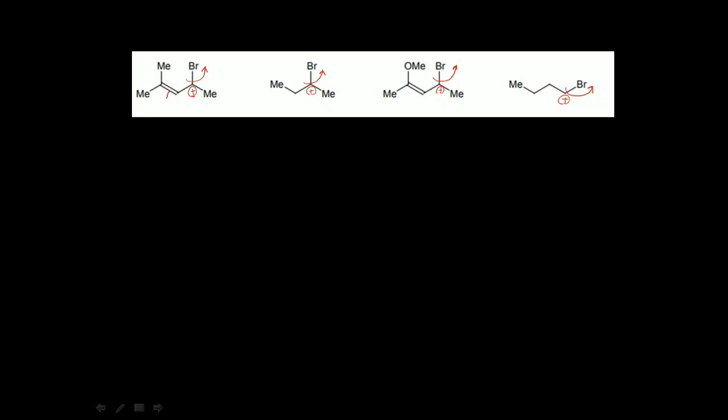It is stabilized by conjugation with the pi bond. And here in this case also it is stabilized by conjugation with the pi bond, but here there is additionally a plus M effect from this methoxy group. So here the plus M effect of the methoxy group stabilizes the carbocation more. That's why compound 3 is more reactive, and next the first one, then the second one, and least the fourth one.